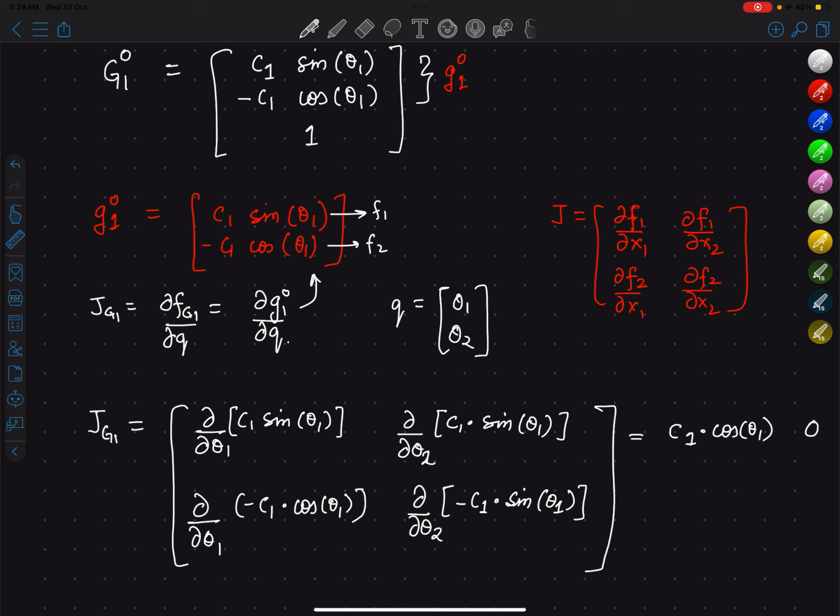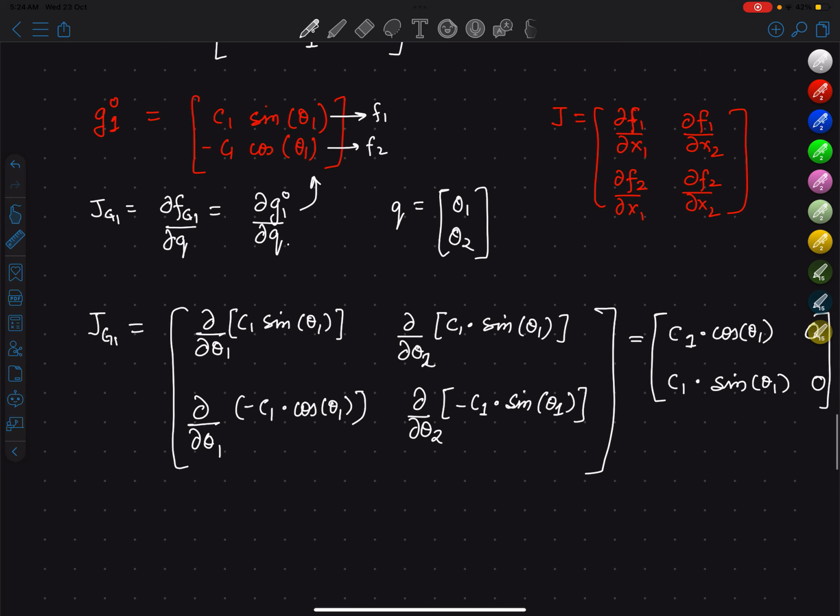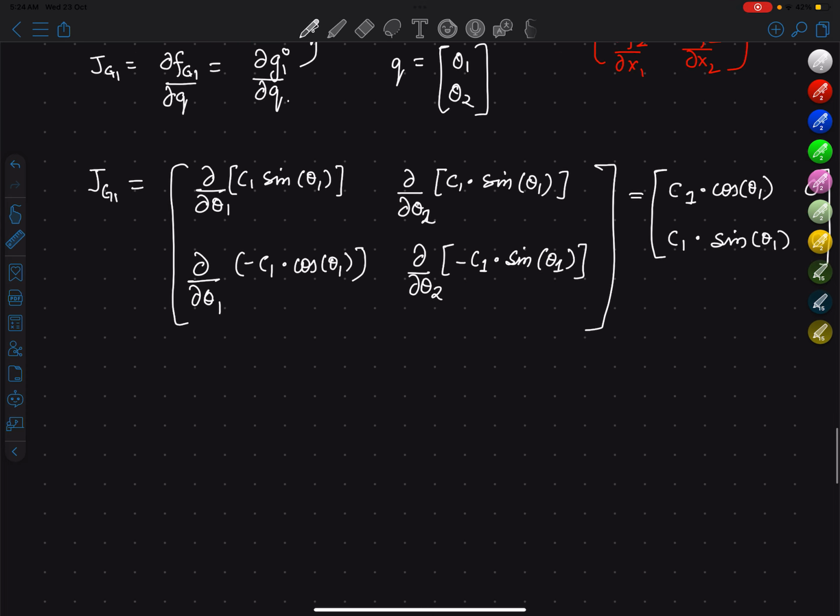Then the differentiation of cos is minus sine, so this will become C1 sin theta 1, and this will again be 0. So this is the Jacobian, right? Its rank is not full, but yes, this is the Jacobian. So JG1 equals C1 cos theta 1, 0, C1 sin theta 1 and 0.